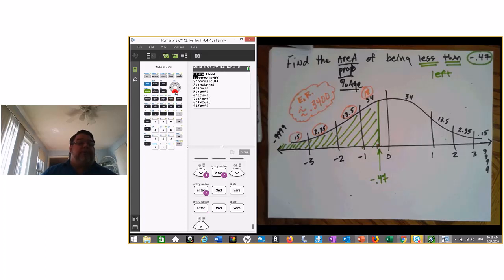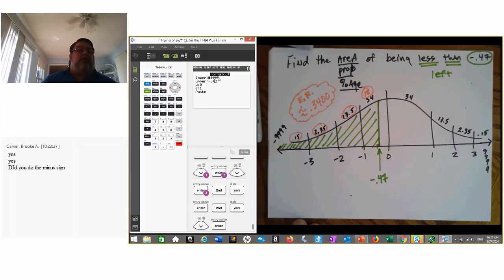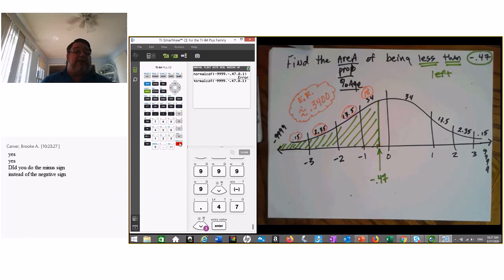Normal CDF. Negative 9999. Did you do the minus symbol? I'll type in negative again. Negative 0.47. I might have hit the subtraction symbol. And paste. Let's try that. I think you were right. I think I hit the minus symbol. I got to quit using the keyboard on the computer. That's what happened.